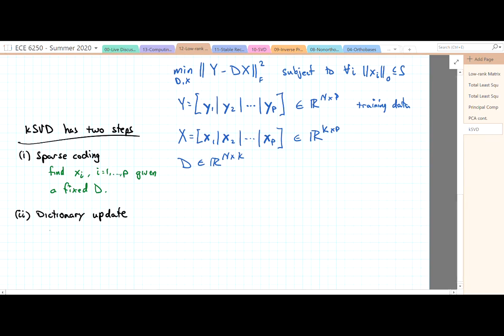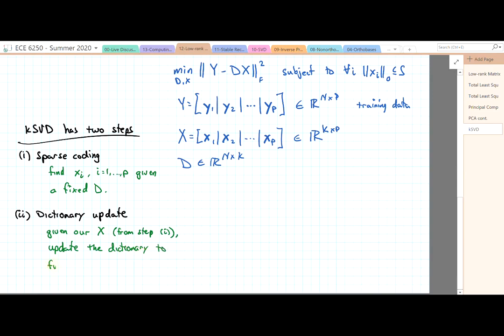So given our x vector from step 1, and then we repeat.